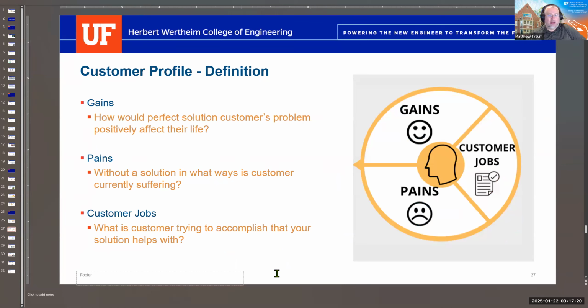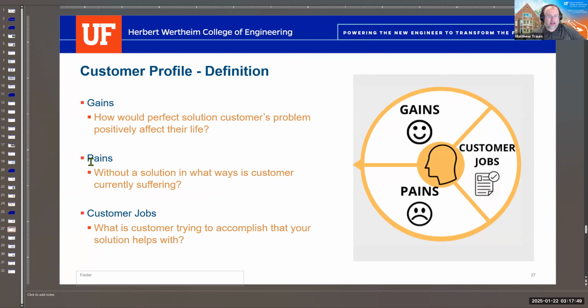Okay, so let's talk about the customer profile. As I mentioned, there's three sections, and you have to fill out each one of those sections from the perspective of the customer, right? So you want to think about what the customer is experiencing, put yourself in their shoes, and then answer these three questions. The first one is how would a perfect solution to the customer's problem positively affect their life?